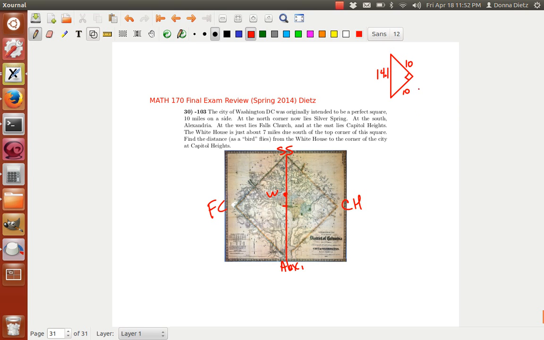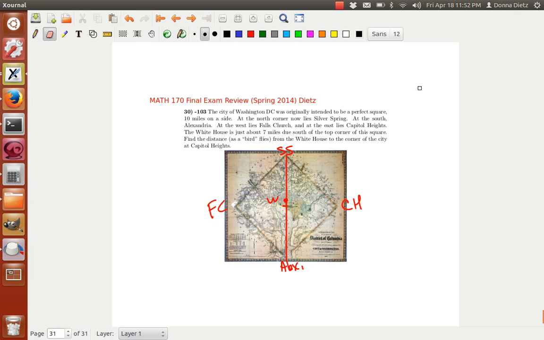That whole thing is 14.1 miles. So if we're going to be 7 miles due south, we're going to be just slightly above the middle. So maybe like that. That's how you know you're just slightly above the middle.